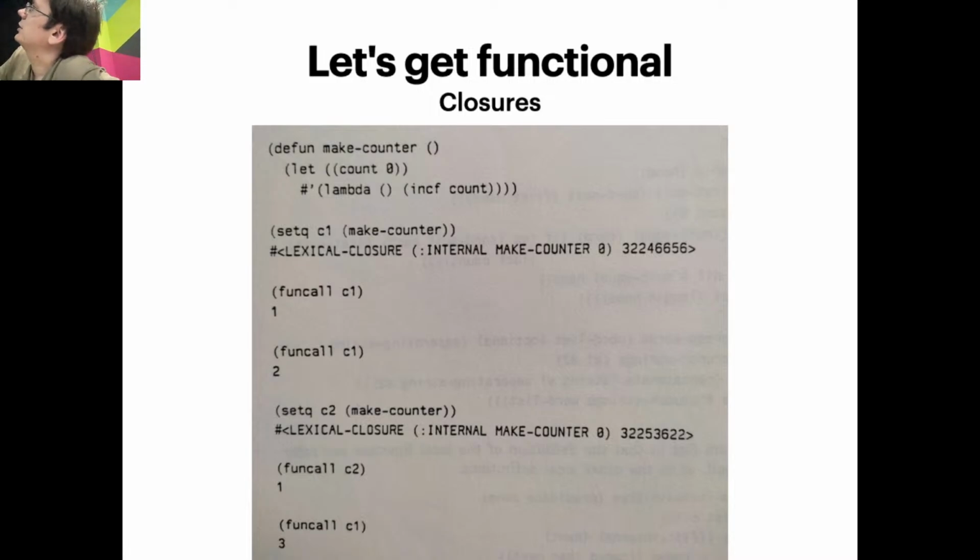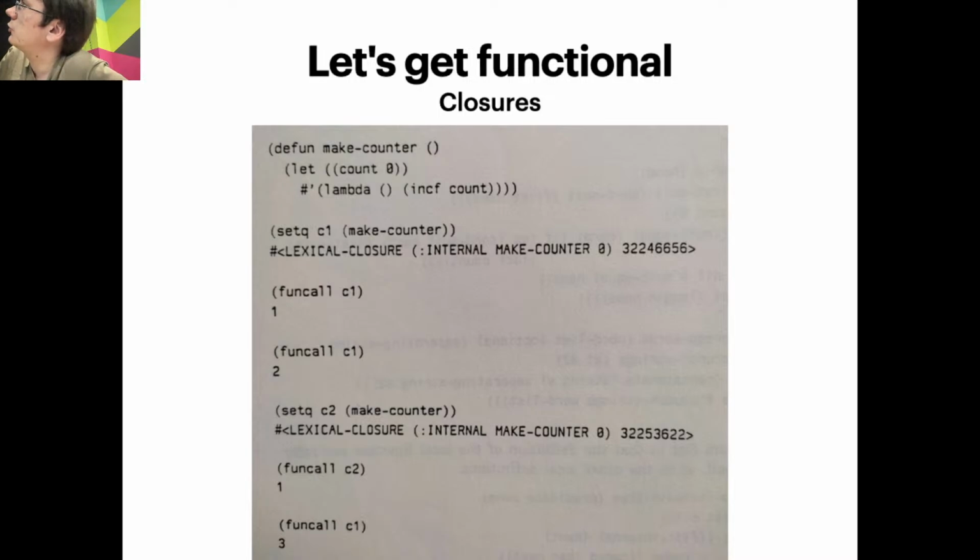Then we can call this function makeCounter and assign its returned function to the name C1. When we call C1 the first time, it returns 1, but then we can call the same function again and it returns 2.